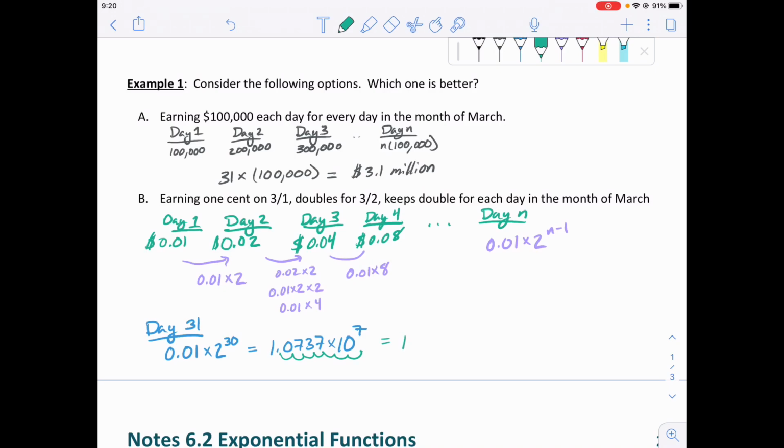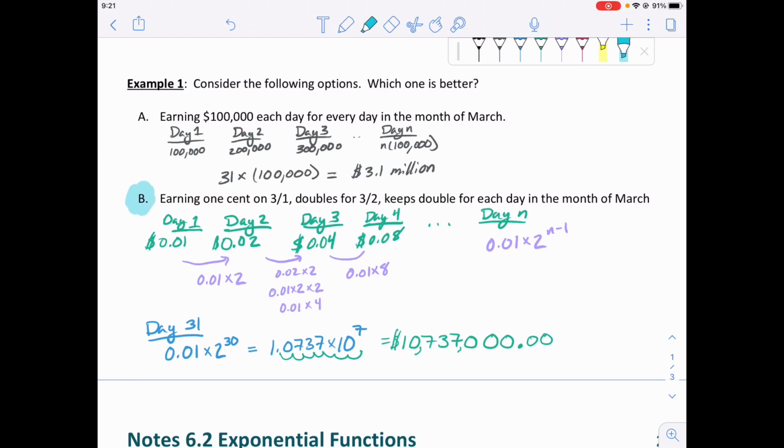So that means we have 10737000 cents. Well, that is a whole $10,737,000. That's a lot. That's significantly more than 3 million. So I'd obviously want to choose option B.